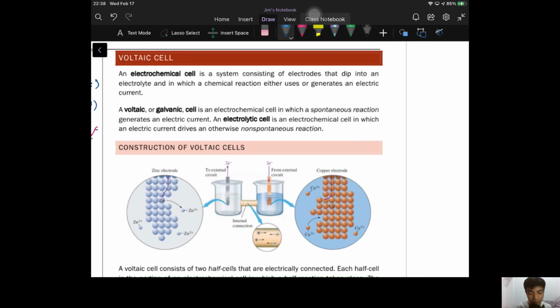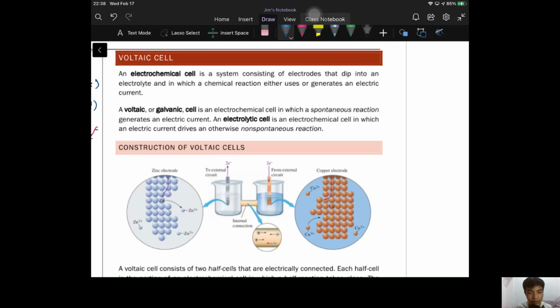So, yung voltaic cell, this is a cell or electrochemical cell that produces electricity because of the spontaneous reaction. Okay. However, electrolytic cell, ito yung type of electrochemical cell that uses electricity to drive off non-spontaneous reactions. Okay.